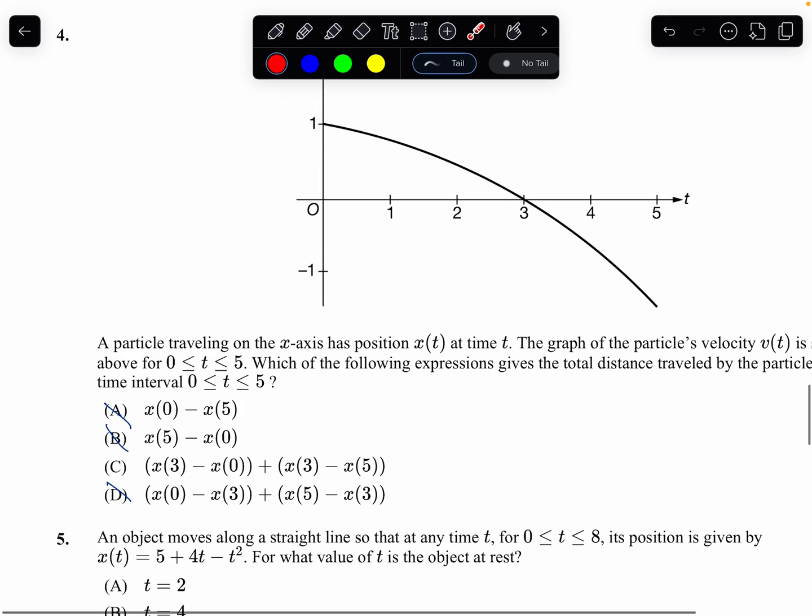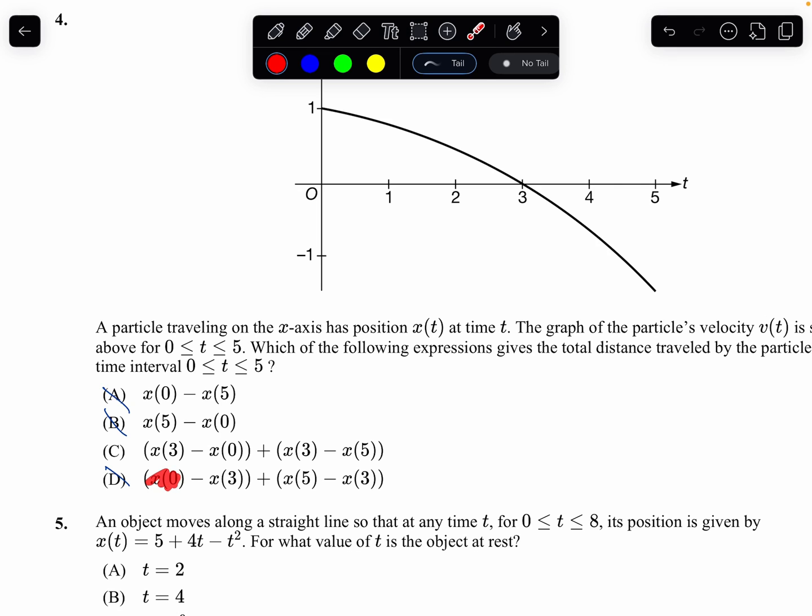But if I take the position at 0 and subtract the position at 3, that will give me a negative number. And because we're dealing with total distance, I don't want these parts to be negative. And that's why I also don't want this right here to be in that order, because since we're moving backwards right here, the position at 5 will be a lesser value than at 3. So whenever I subtract a greater from a lesser value, that would be negative.